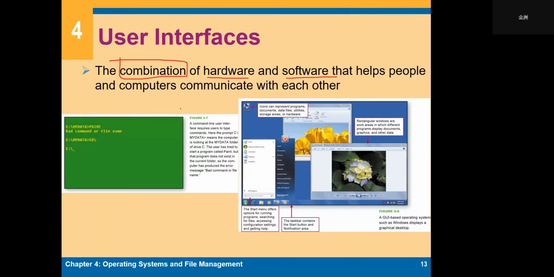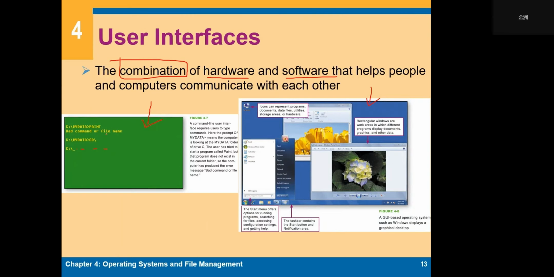For example, nowadays, this is a Windows user interface representation. And this is a command line user interface. In this command line user interface, it requires the user to type commands to register the folder or the file or accomplish different tasks.